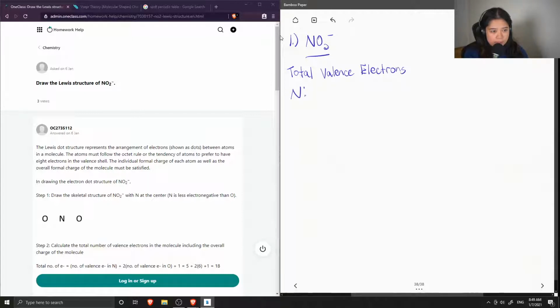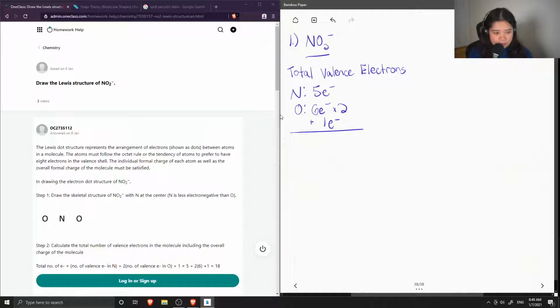Nitrogen has 5 valence electrons, and each oxygen atom contains 6, and there are 2 oxygen atoms, so we multiply this by 2. And this is an ion that has a -1 charge, so I need to add an extra electron as well.